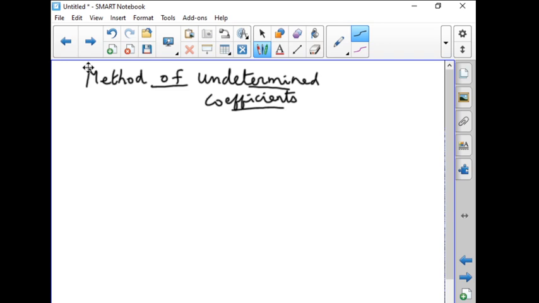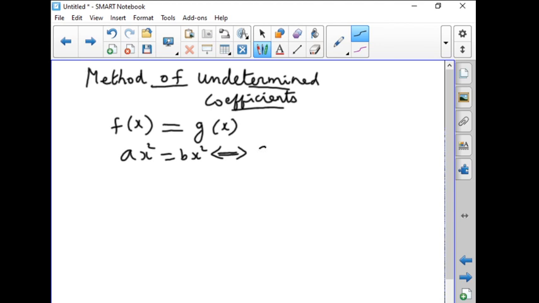That is, if f of x and g of x are two polynomials which are equal, then ax square is equal to bx square if and only if a is equal to b. So if and only if means we use this symbol.